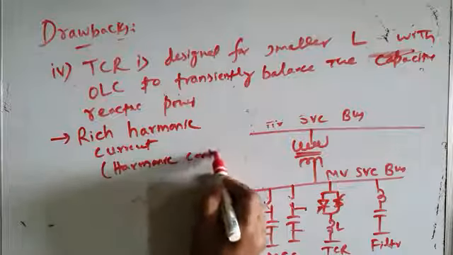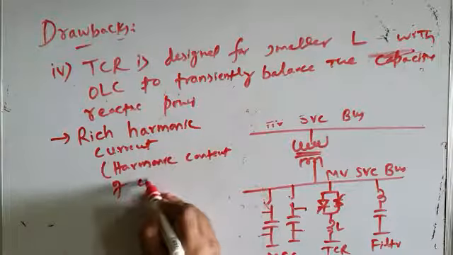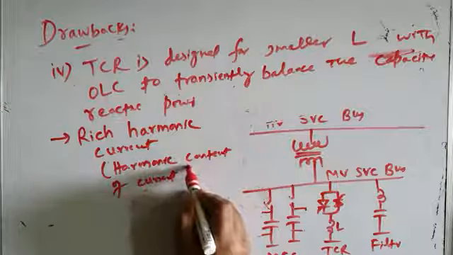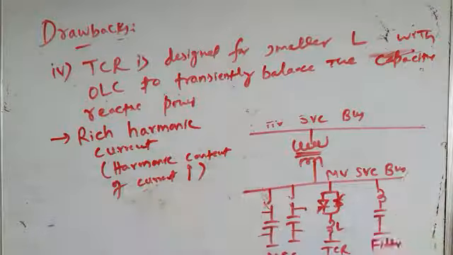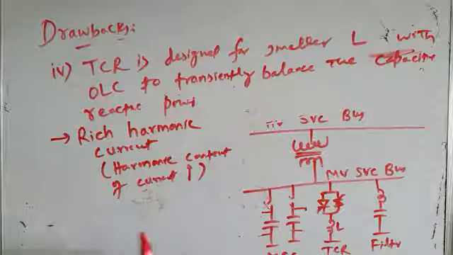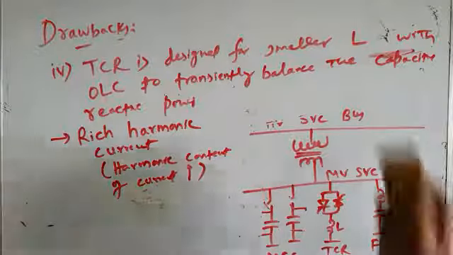So your filtering requirements may then increase. This is another drawback of MSC TCR SVC. Since it has a TCR with low value of inductance, the TCR draws currents which are very rich in harmonics, the harmonic content in the line currents is very large, and your filtering requirements increase.